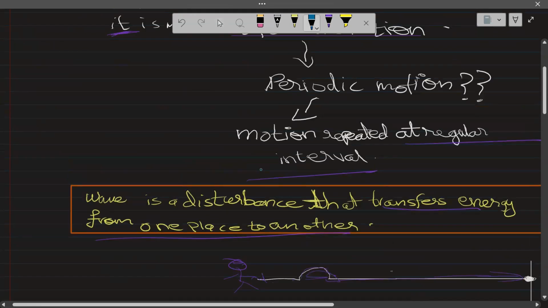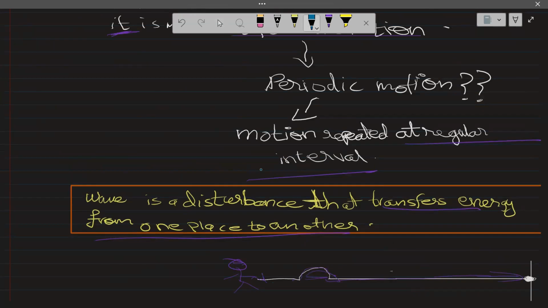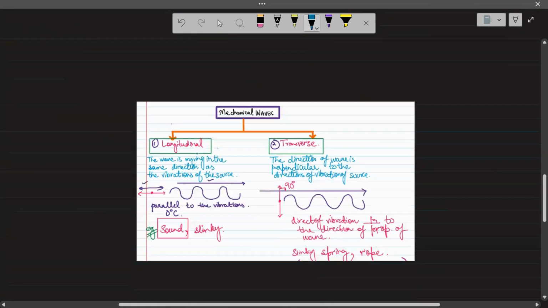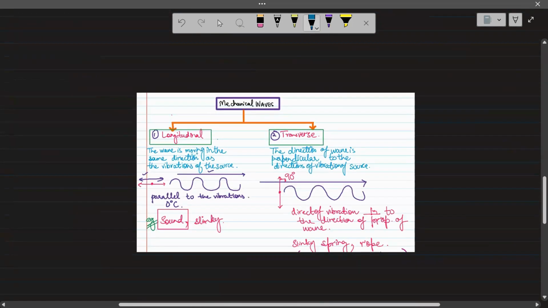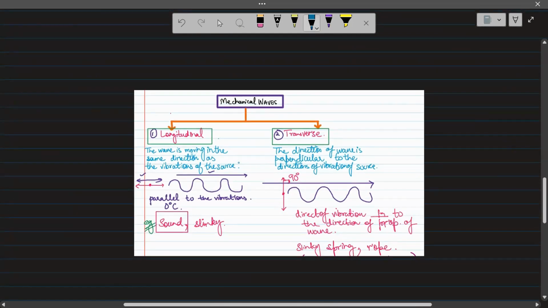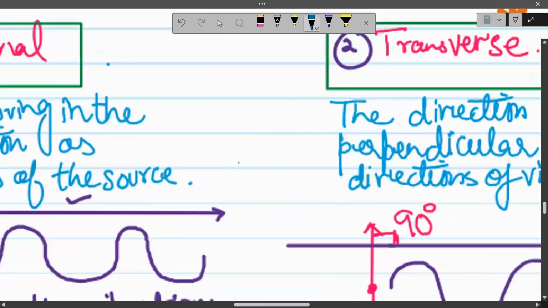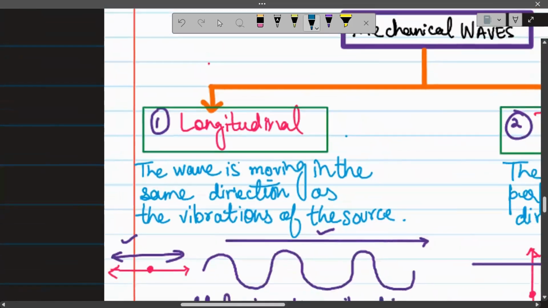There are two types of waves, mechanical and non-mechanical, but we will do only mechanical. There are two types of mechanical waves: one is the longitudinal wave, and the other is the transverse wave. So what is a longitudinal wave?